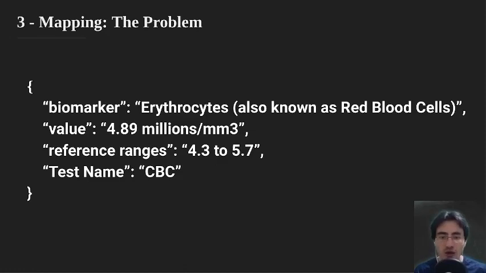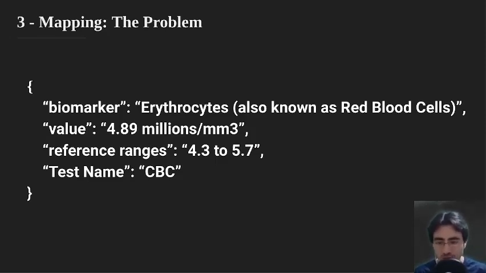For instance, also known as red blood cells. We don't have control over that. So if you just try to match the strings from our own database to what the LLM has extracted, they won't necessarily match, which means we cannot use this approach to solve this problem.